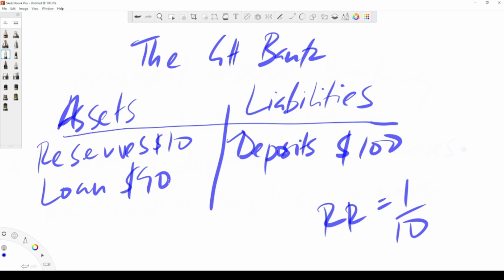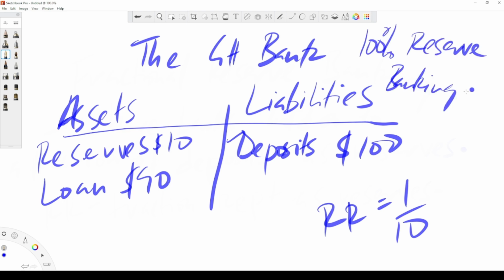It's called fractional because it can be juxtaposed with another form of banking system called 100% reserve banking, where all the deposits are kept in the reserves. But under fractional reserve banking, since you keep a fraction in your reserves, you're able to make out loans and earn interest on the loans, which will help keep the bank running.